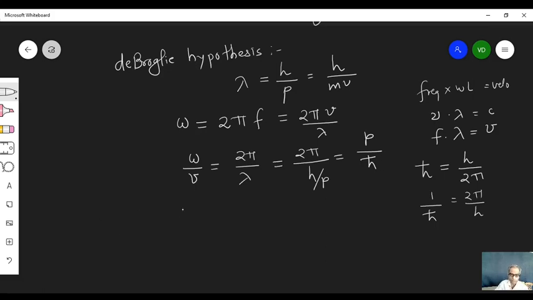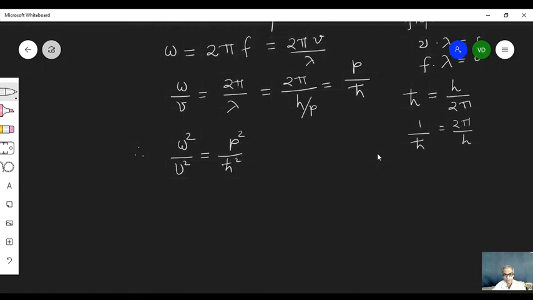And therefore the value that we want, omega square by v square, is equal to p square upon h cross square. Now again, the momentum is not a measurable quantity as far as these small particles are concerned. So we have to convert this momentum into a measurable quantity.